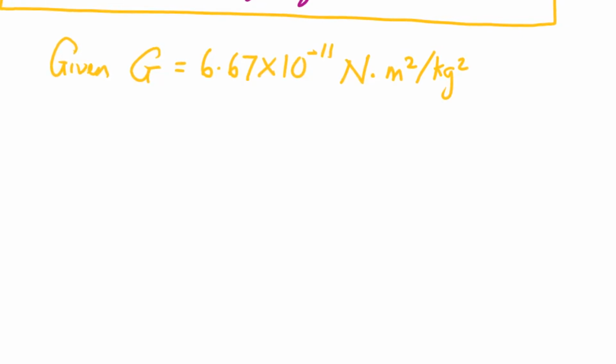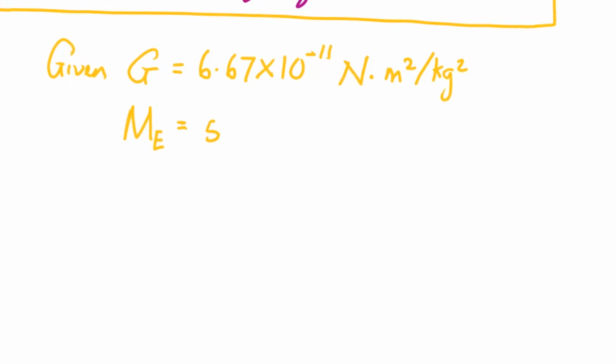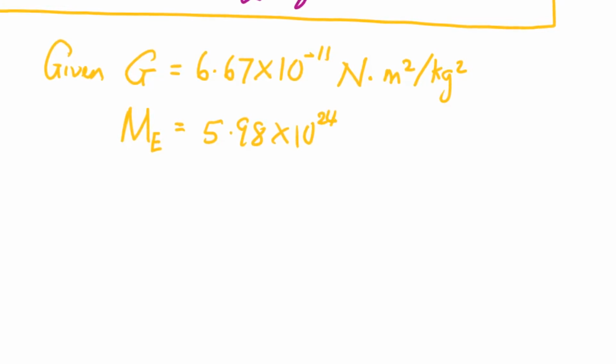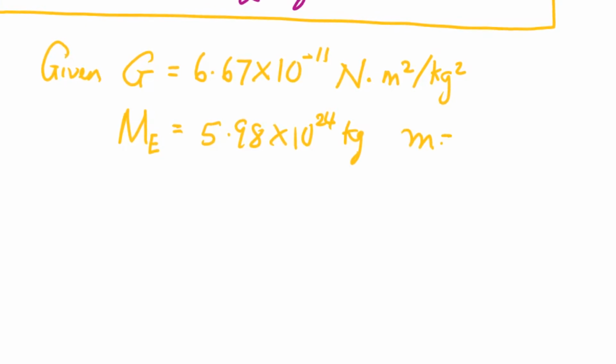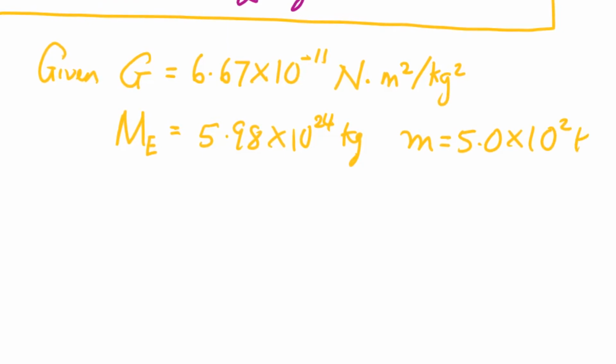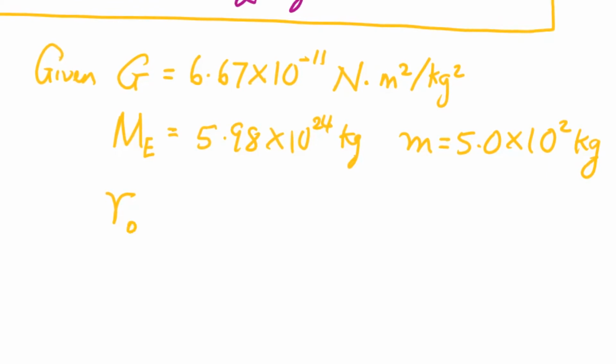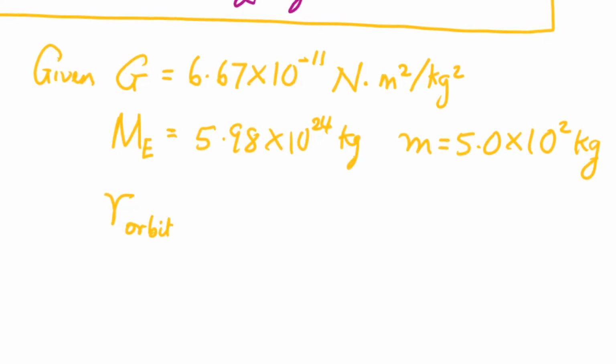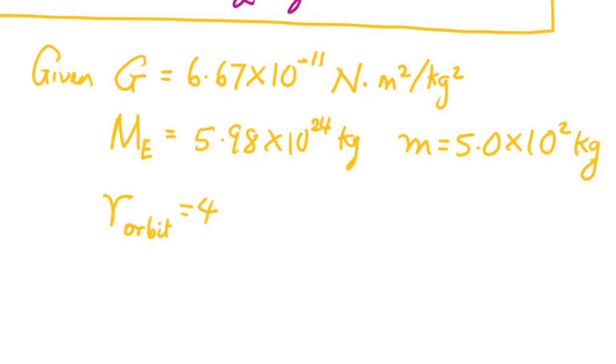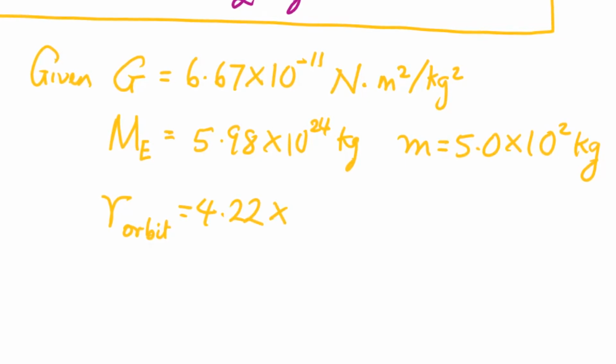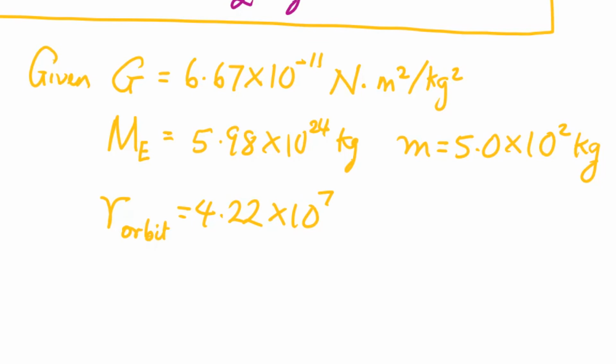The other one here is the mass of our central body, which is Earth, to be 5.98 times 10 to the power of 24 kilograms. Also, we are given the mass of our satellite, which is equal to 5.0 times 10 to the power of 2 kilograms. And finally, we determined the radius of our orbit, which we performed in our previous video, to be equal to 4.22 times 10 to the power of 7 meters.